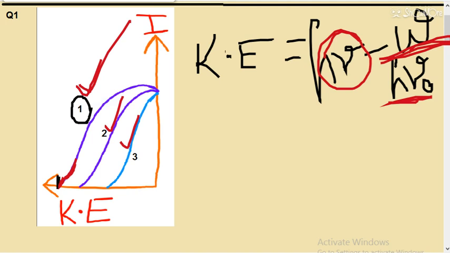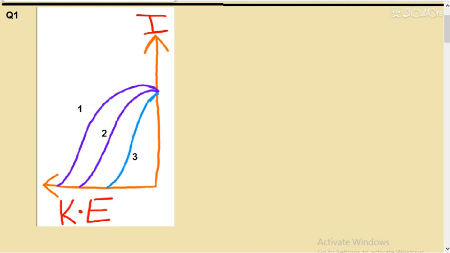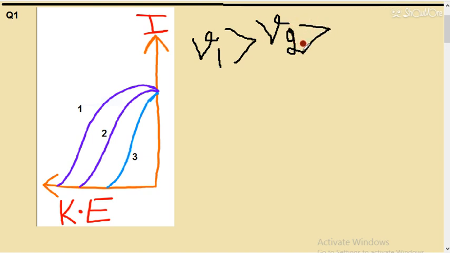So if I have to write the relation now, let me take a pencil from the graph because I have to draw it. So if I have to write the relation, frequency of the first radiation is greater than frequency of the second radiation, and greater than the frequency of the third radiation.